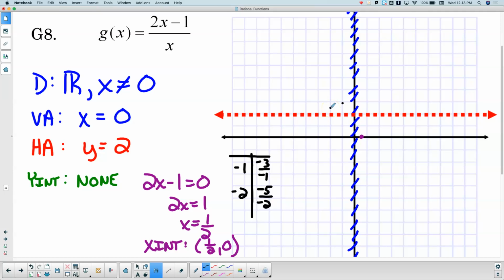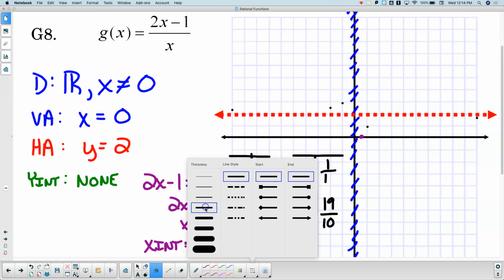And then I would go with -10. That's -21 over -10, which is 2.1. Then I would go with 1. 2 minus 1 is 1, over 1 is 1. And then I would go 10. 19 over 10 is 1.9, which is right there.